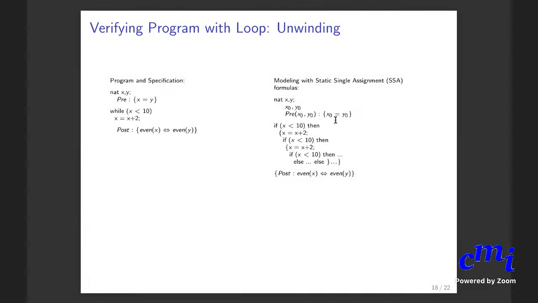Once it's fully unwound, you can use the earlier method, since this is a loop-free program, just a bunch of if-then-elses. There will be several branches to reach the point where you want to prove this property, and a merge variable.